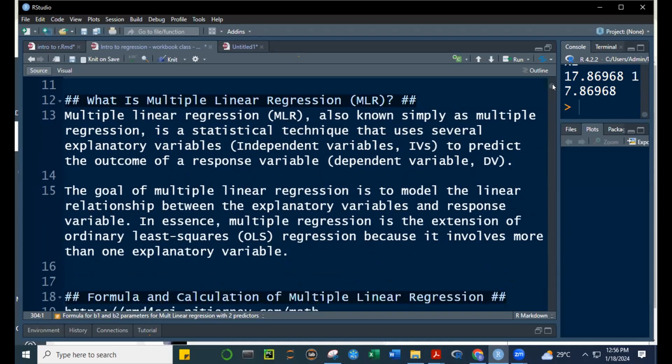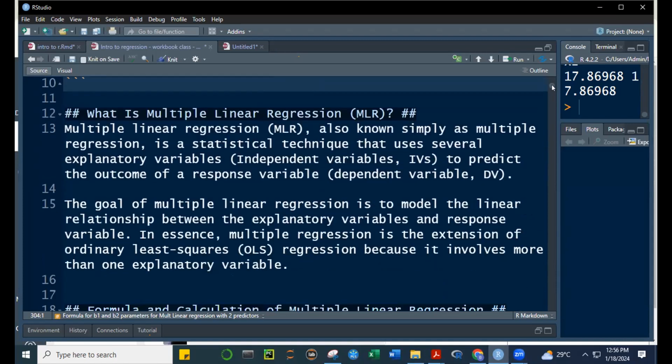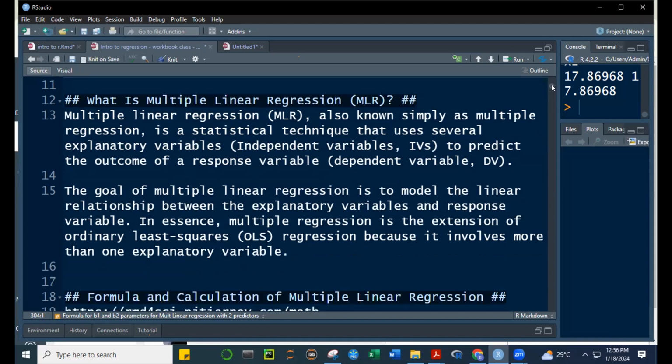So we discussed last time that linear regression is a statistical technique where you want to describe or define the relationship between your variable of interest, which is your response variable or outcome variable or your dependent variable, using explanatory variables or independent variables.